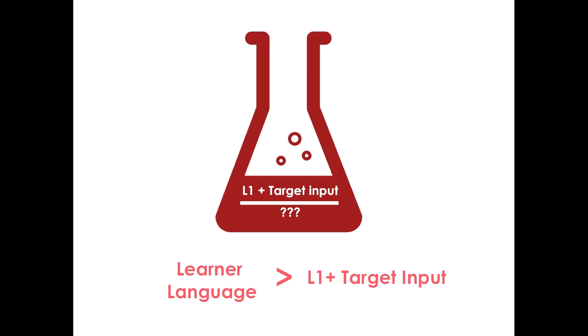It is shaped by L1 and target language input, but it implies more than that. A formula explains it: learner language is more than L1 plus target input. It's like a chemical reaction. L1 interacts with L2 language input, forming a semi-product of L2, but not all interlanguage can be explained by such interaction. Some interlanguage remains unknown to us, and it is represented by question marks in the chemical flask.